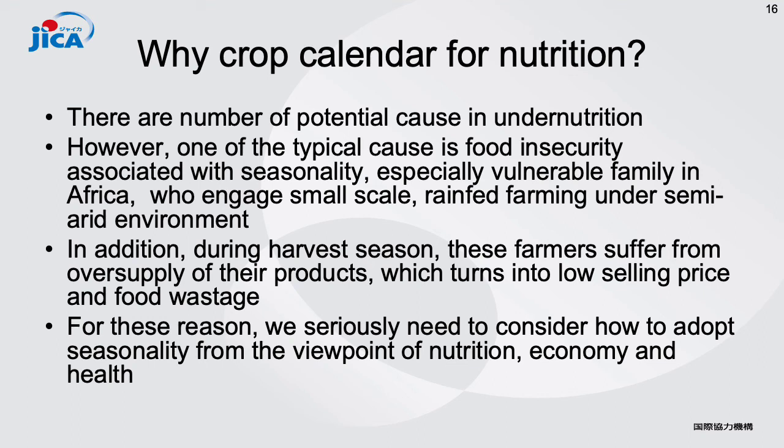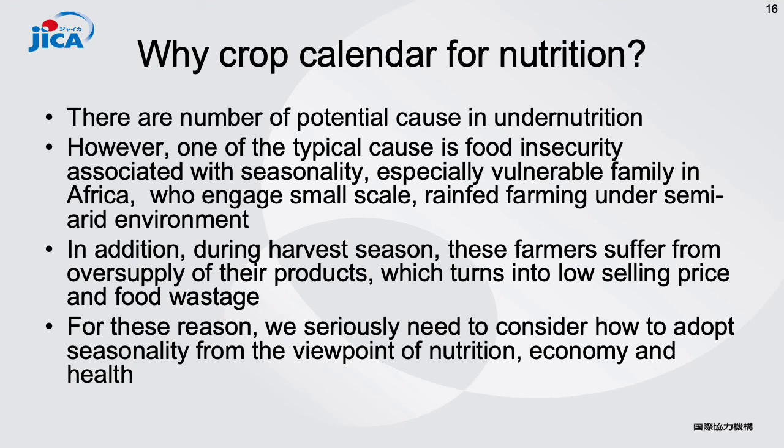In addition to food insecurity, during harvesting, there is a fluctuation of supply. During harvesting season, the market is full of commodity and price goes down, and some part of this commodity becomes just wastage because of the demand supply gap.